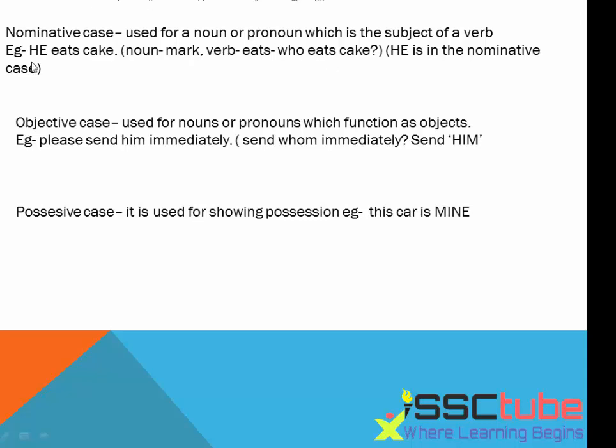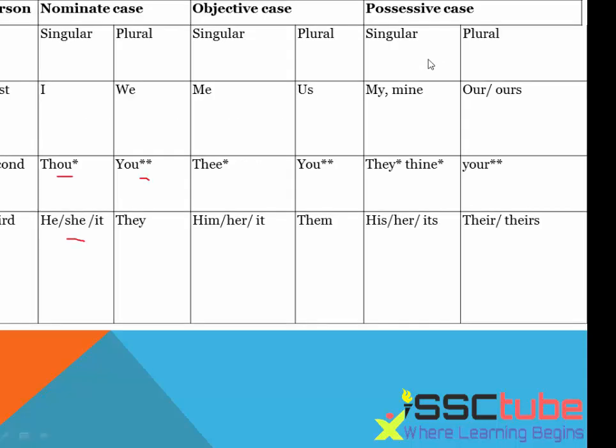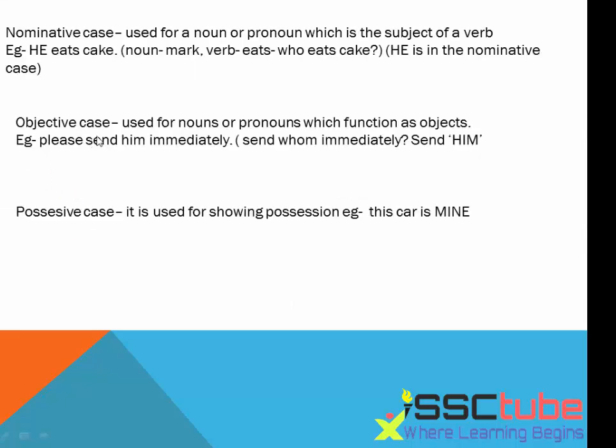He eats cake. Or if we use Mark here, Mark will be the noun. Who eats cake? Mark eats cake. So he is in the nominative case, singular part of the nominative case. Understood?